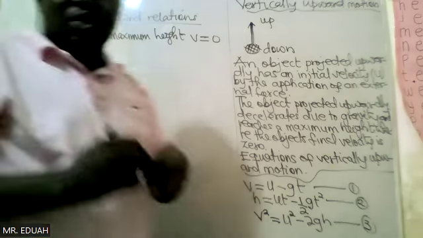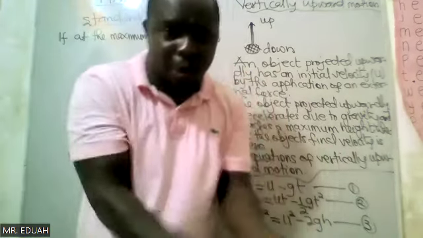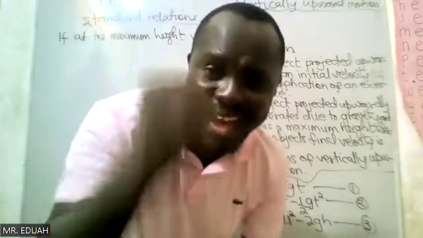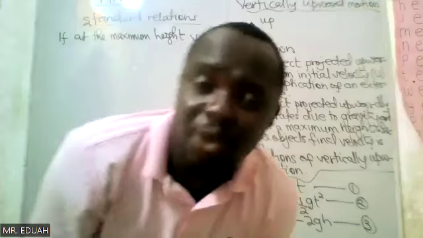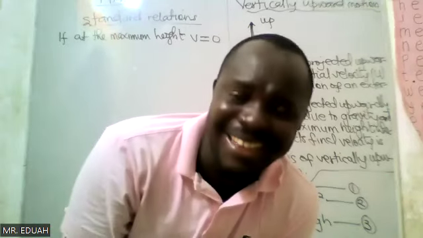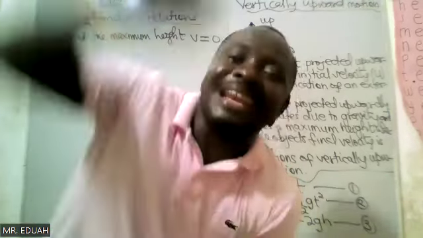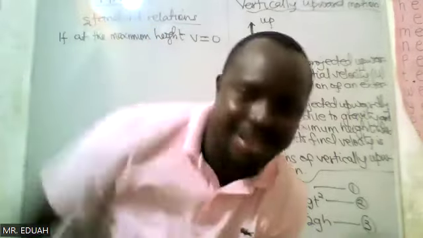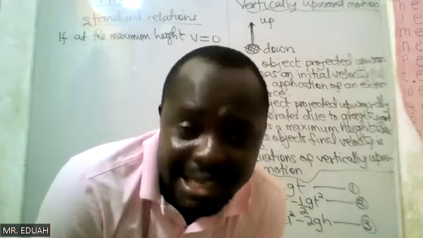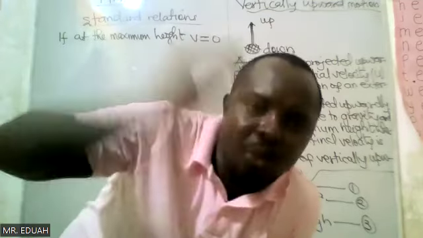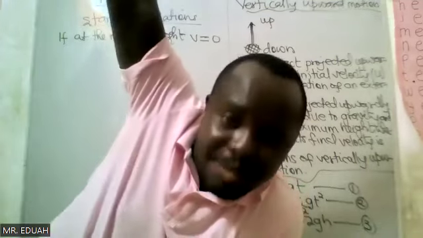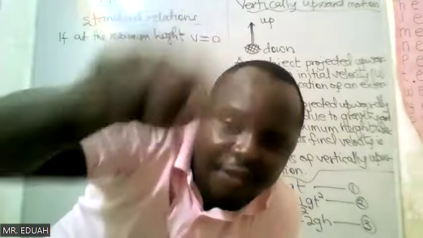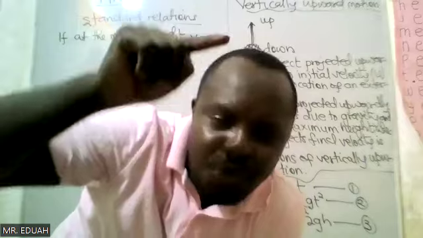Practically, if you pick a ball and kick it upward, no matter how hard you kick it, it will not go to heaven. It will get to a maximum height and come back. When it gets to that maximum height, it is returning because its final velocity has reduced to 0.